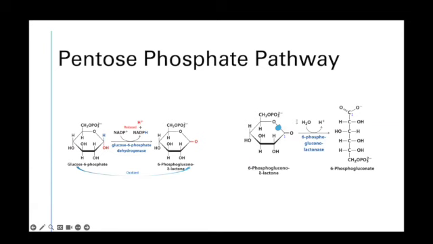Okay, and one last pathway in which glucose can be utilized is the pentose phosphate pathway. This is important because we can make a 5-carbon sugar, and we can build ribonucleotides. So we have glucose 6-phosphate, and 6-phosphogluconolactone is the starting molecule for the pentose phosphate pathway.